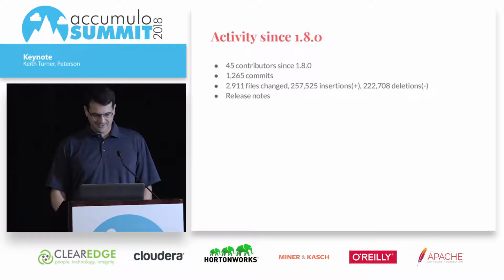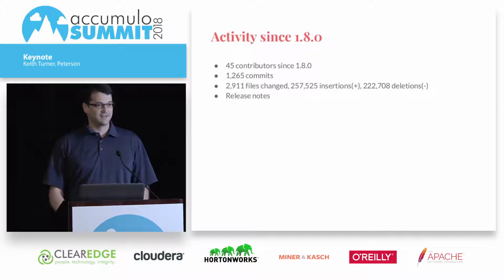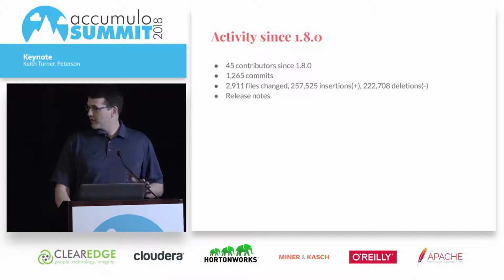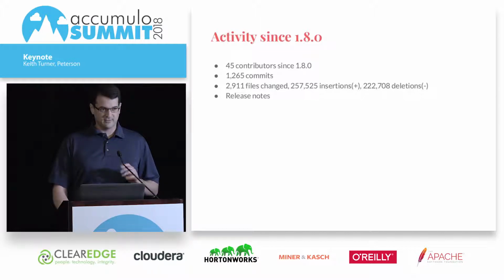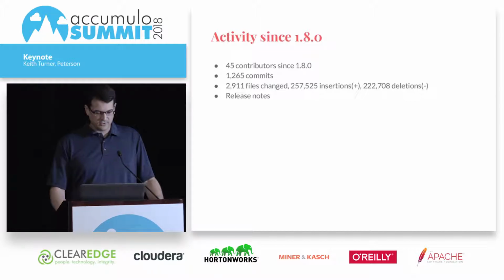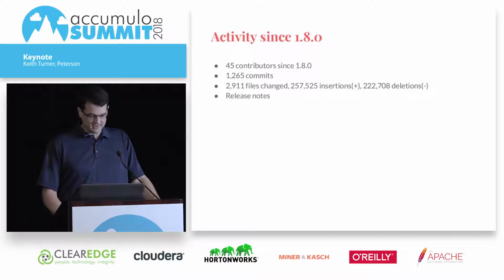Now, I'm not going to cover everything in this talk that's in 2.0. Hopefully the release notes will have a comprehensive list, and we've got those pretty far along for Accumulo 2.0. They're on the website right now, actually. And if I miss anything, let me know at the end of the talk.